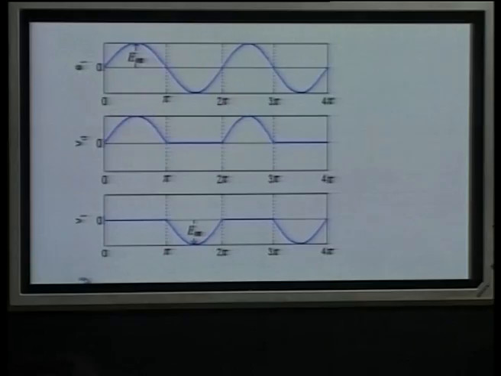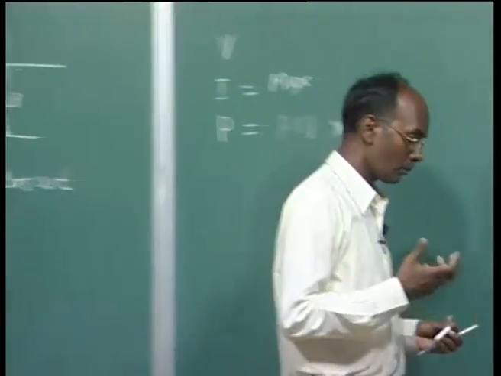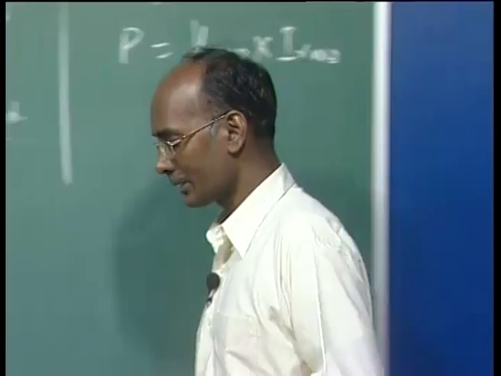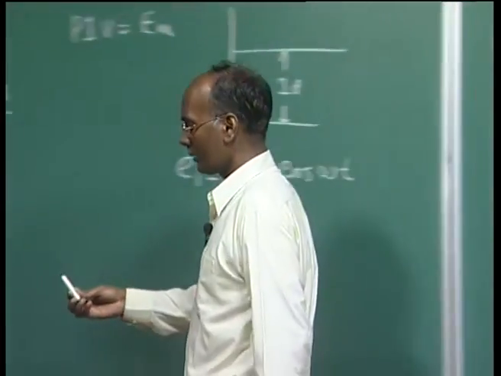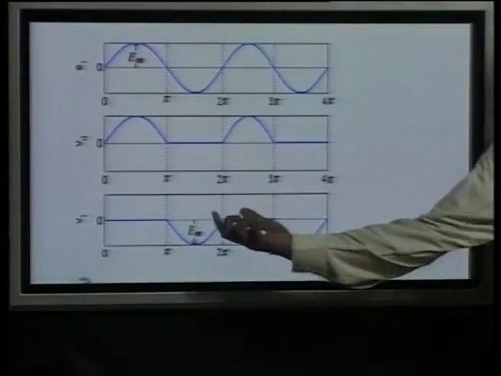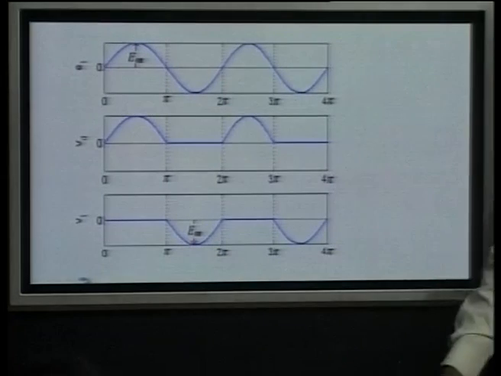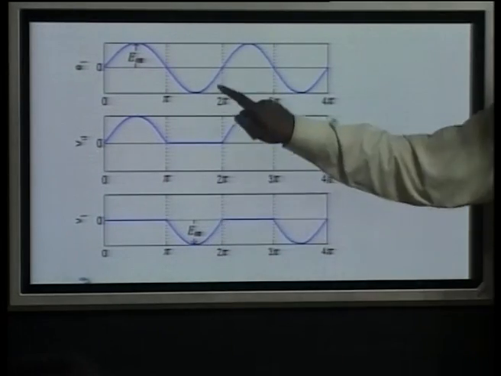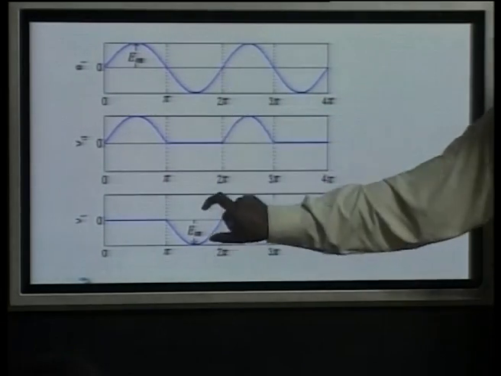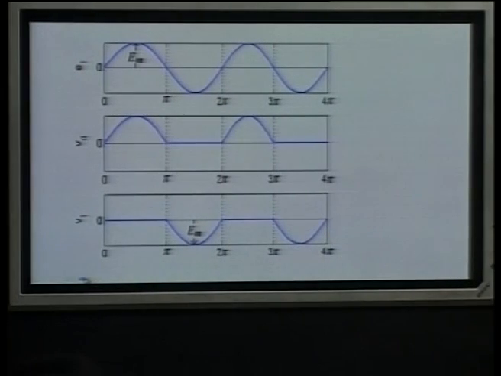So, this is V1, the voltage appearing across the valve during the conduction as well as the non-conduction state. Once it is conducting, this voltage is 0, because we have assumed an ideal valve. Only during the non-conduction phase does this voltage appear across the valve.